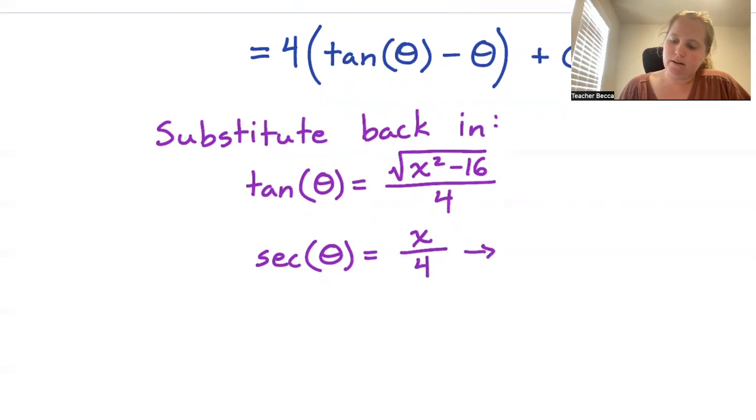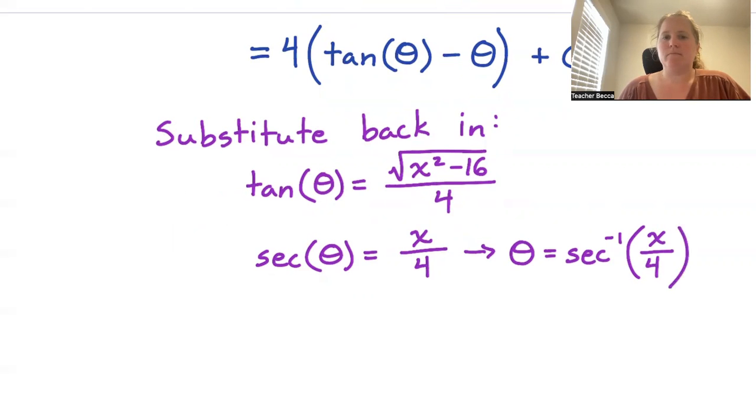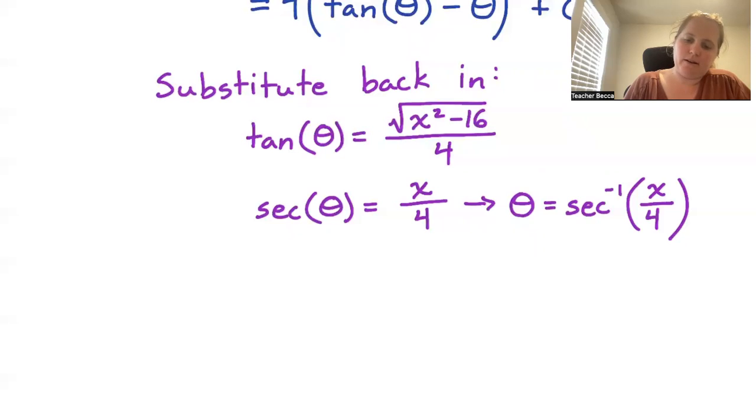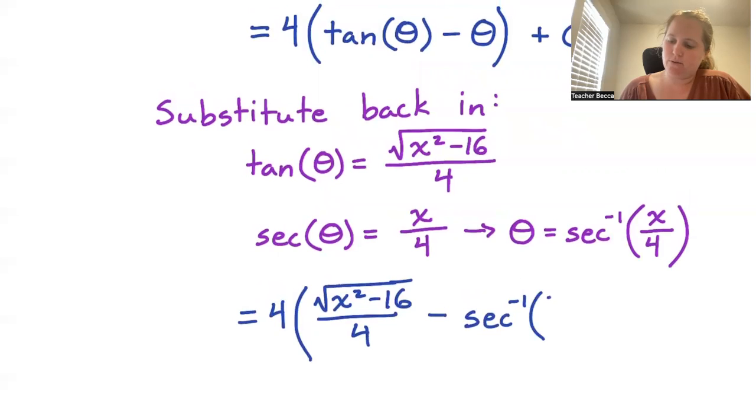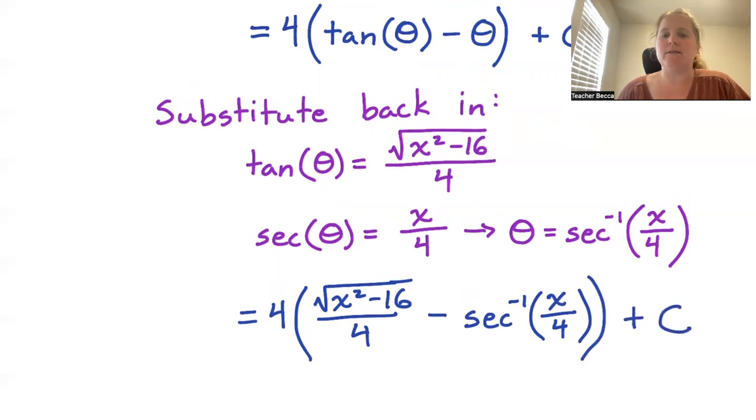That means that theta is equal to secant inverse of x over 4. And so we can rewrite our final answer as 4 times, in parentheses, square root of x squared minus 16 all over 4. And then still inside the parentheses, minus secant inverse of x over 4. And the parentheses, and then plus c.